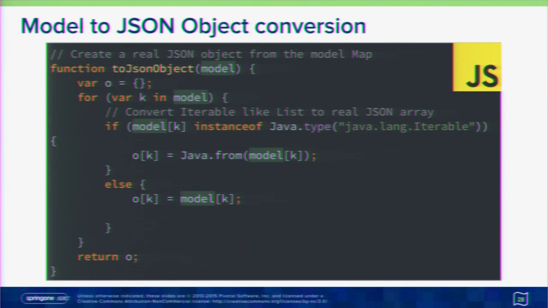The engine can't use a string that represents a JSON object; that's not the same thing as a real instance of a JSON object.